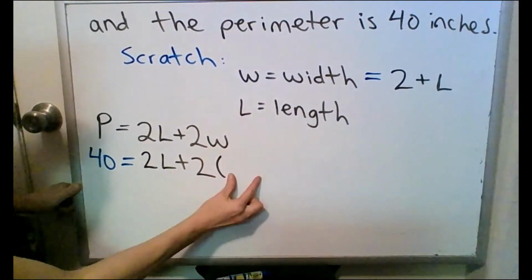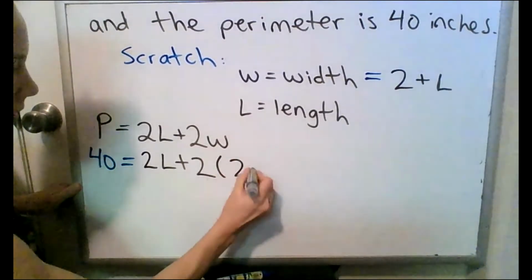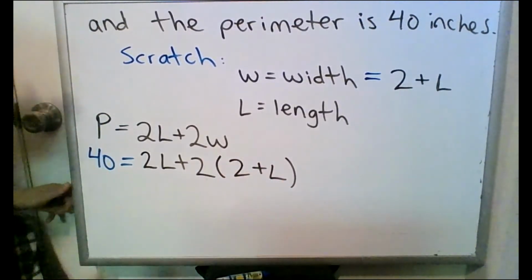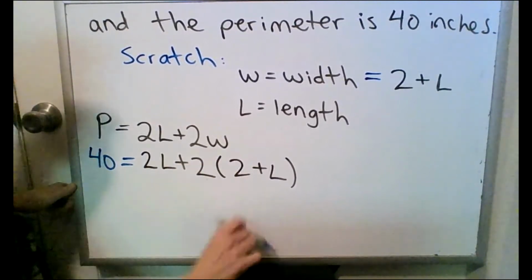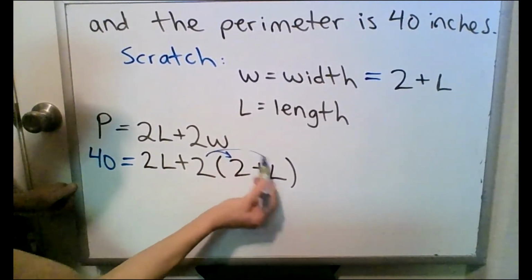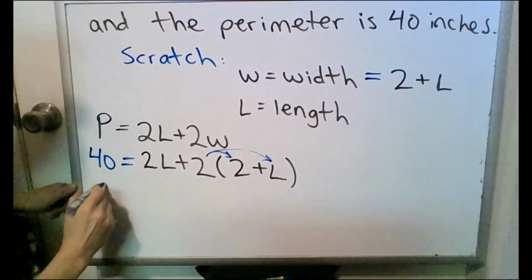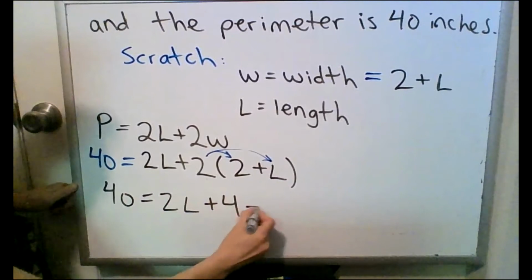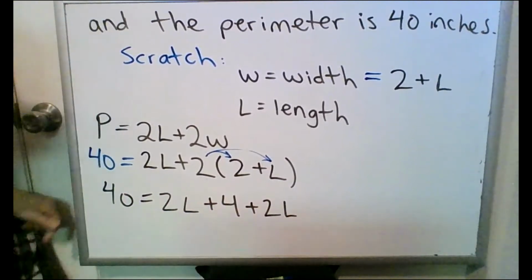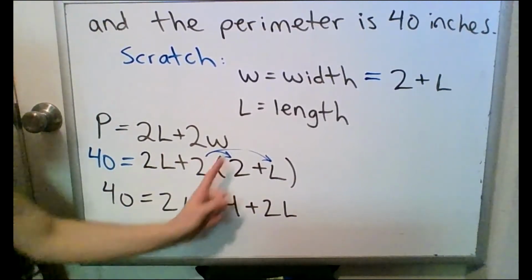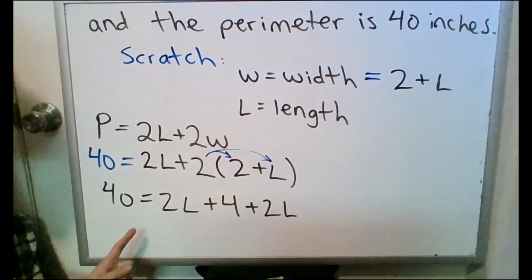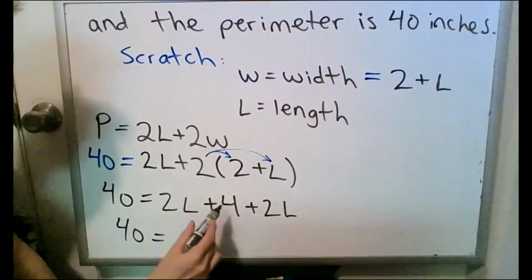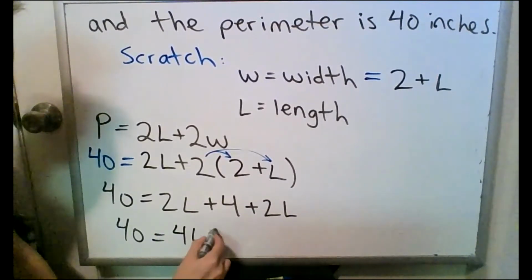W is 2 plus L. And we're just going to keep on solving for L. Let's distribute 2. 2L, add 4, add another 2L. So 40 equal to 4L plus 4.